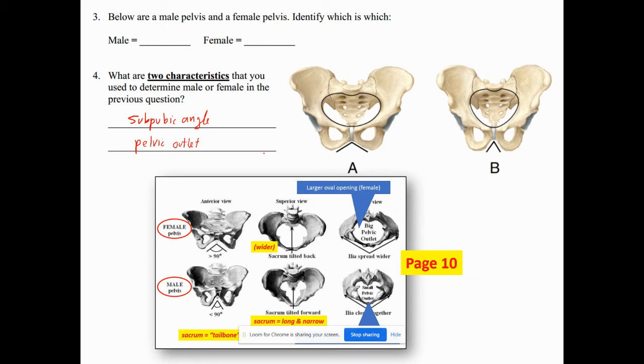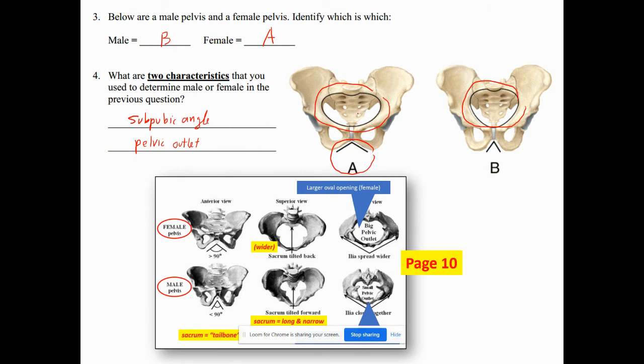And basically, if you've got a big subpubic angle larger than 90 degrees, it is a female, okay? The smaller subpubic angle below 90 degrees would be a male. And the male has a smaller heart-shaped pelvic outlet here. The female has a more oval-shaped pelvic outlet, okay?